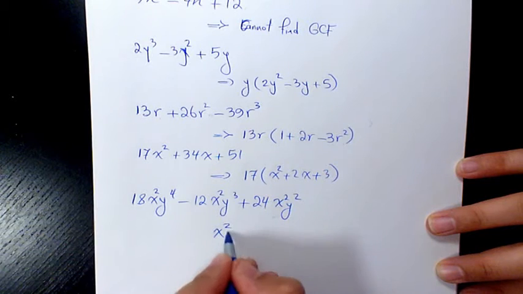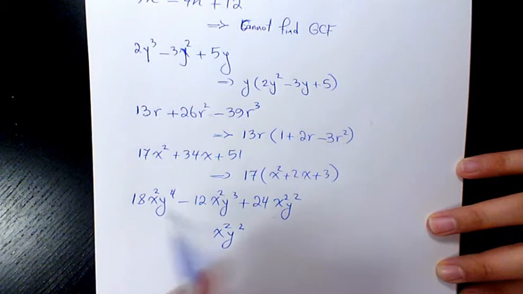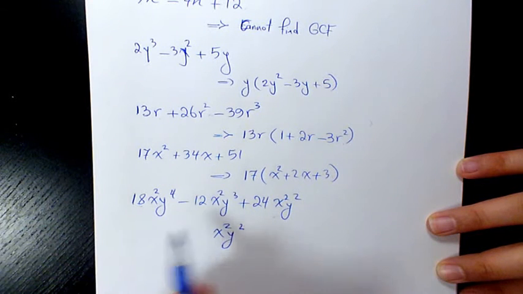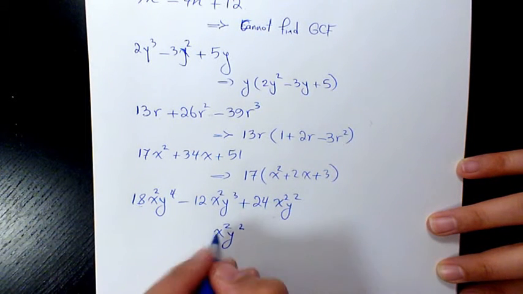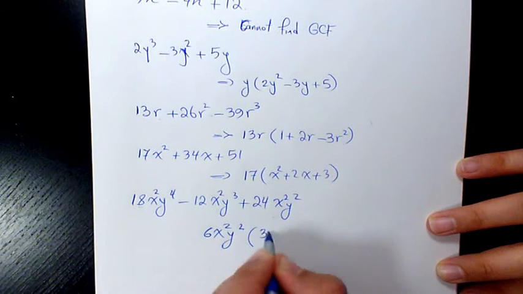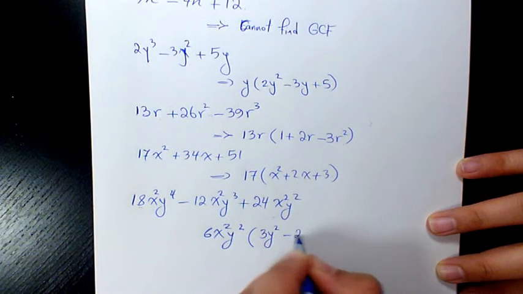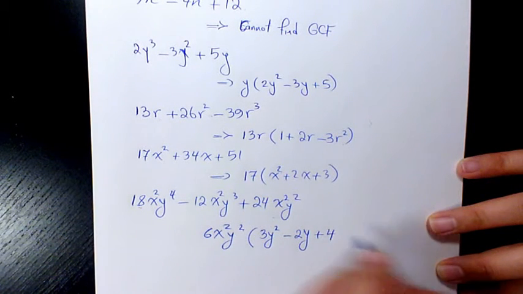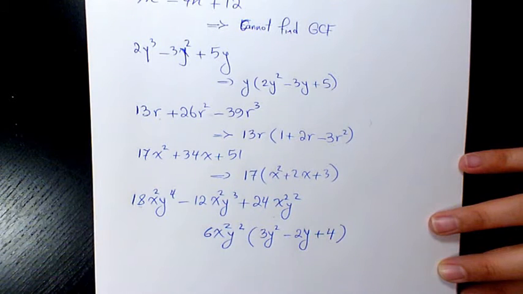The smallest one is y to the power 2. 18, 12, and 24. So the GCF for 18, 12, and 24 is 6. So it's going to be 3y squared minus 2y plus 4 is going to be the factor.